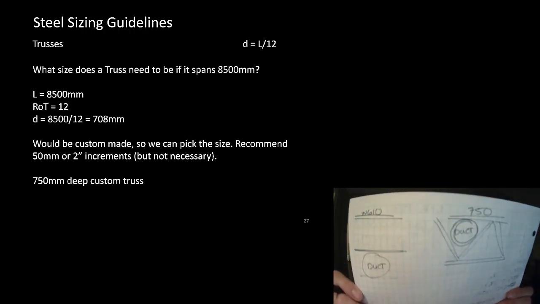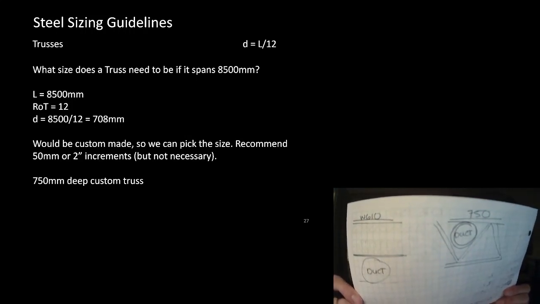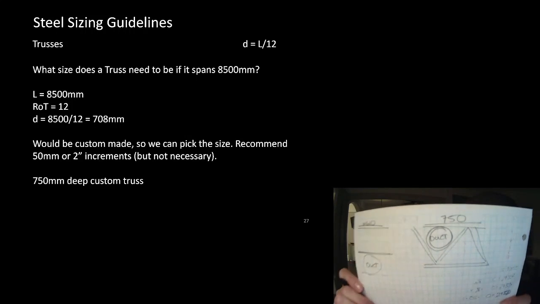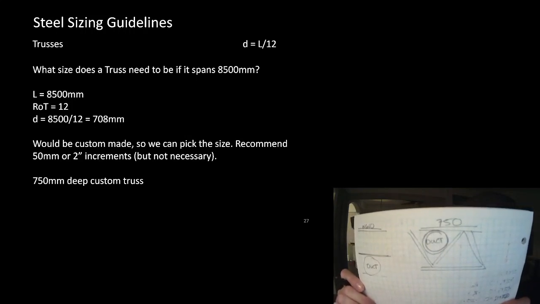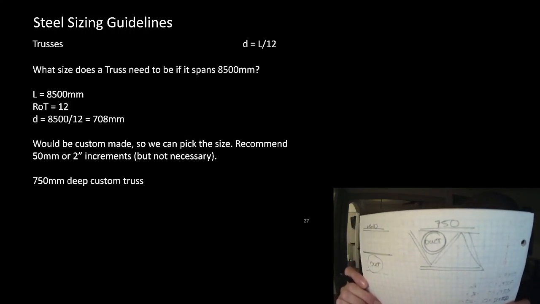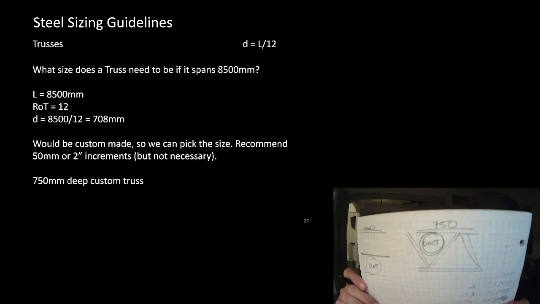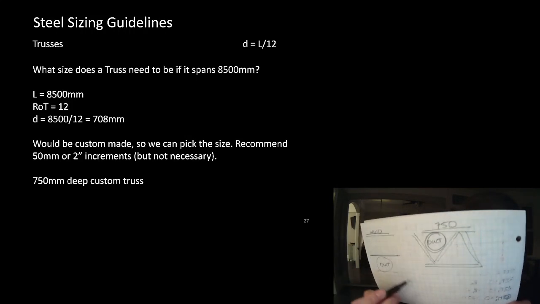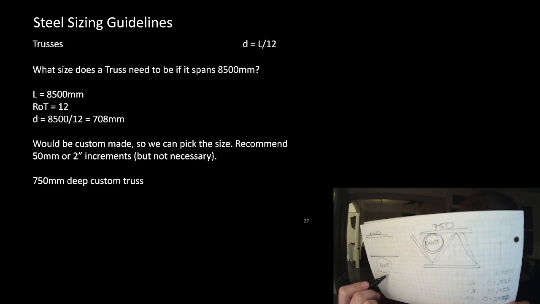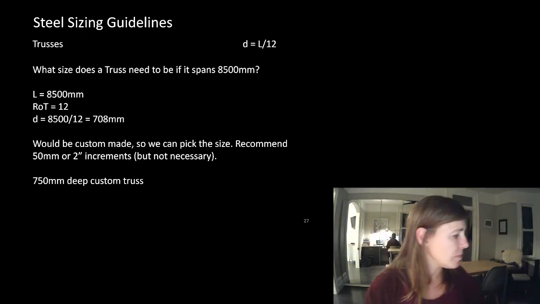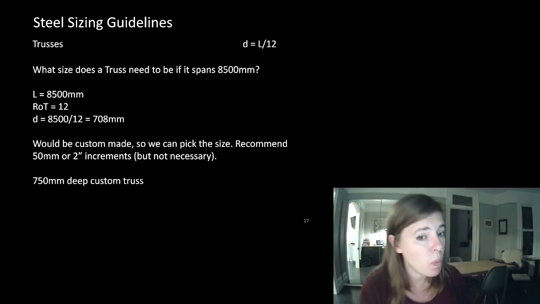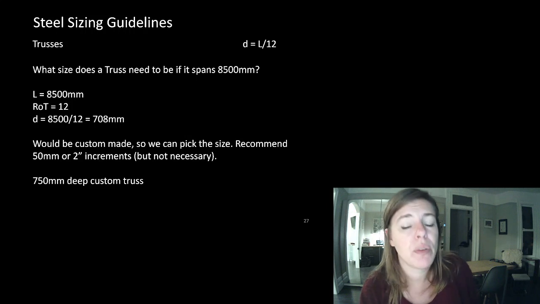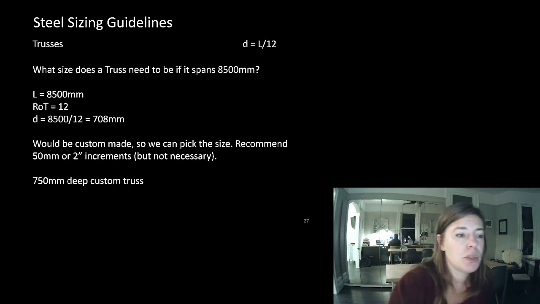You can see we have a W610 with a duct passing underneath it. And so as much as our 750 truss is deeper than the W610, it's not as dropped down as it would be for the duct. So that's one of the reasons why we might switch over to a truss. There are other reasons, too.